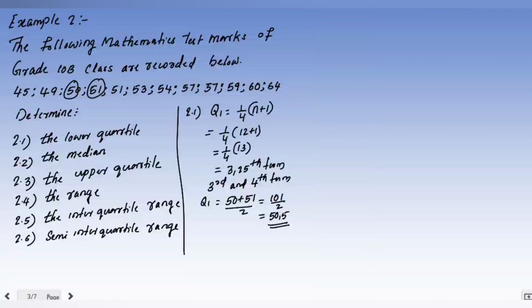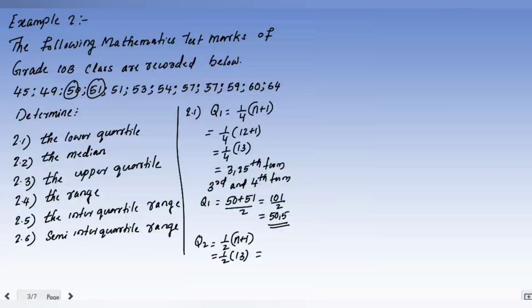So we got it. Now next one is Q2, that is the median, 2.2. Q2 is equal to, how do we calculate? 1 over 2 times n plus 1. What is n plus 1? That is 13, right?